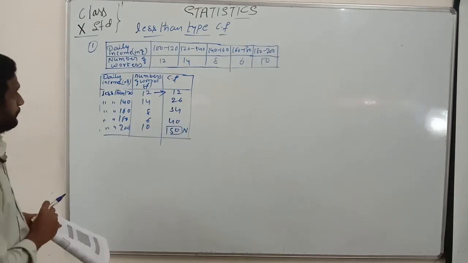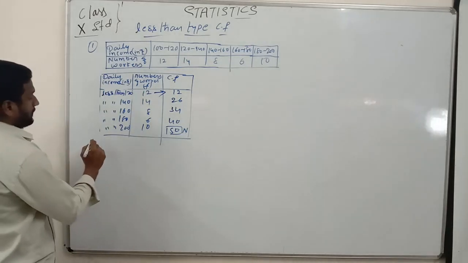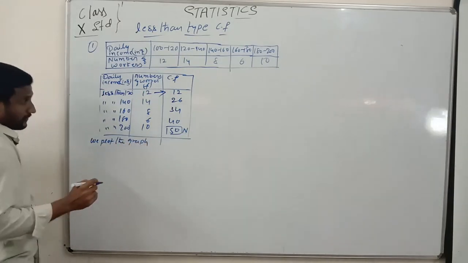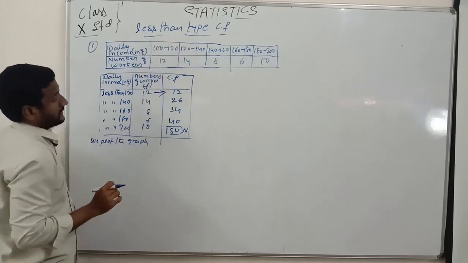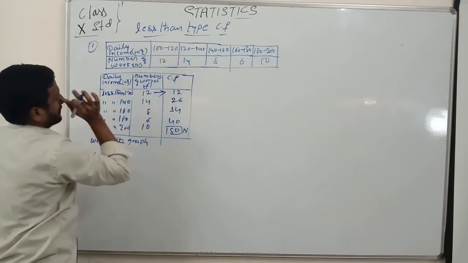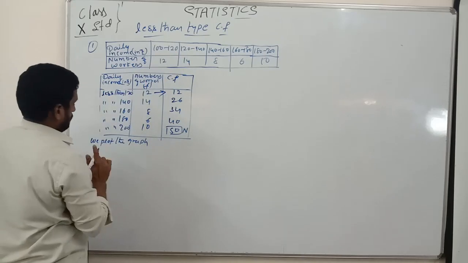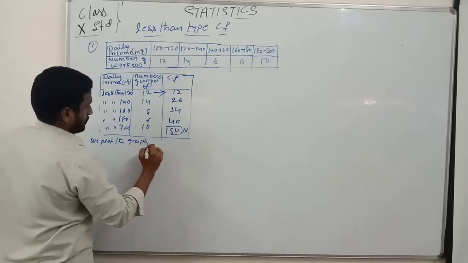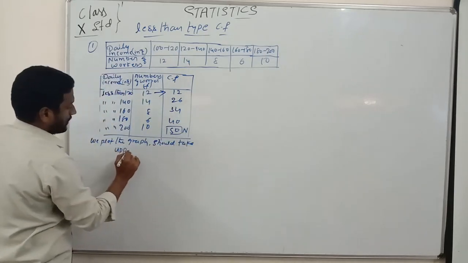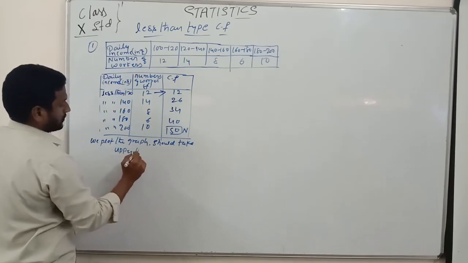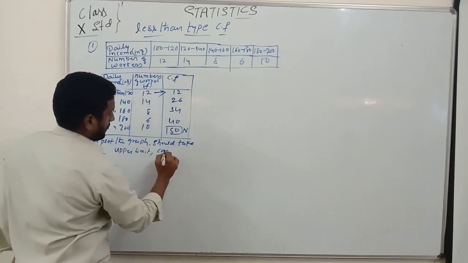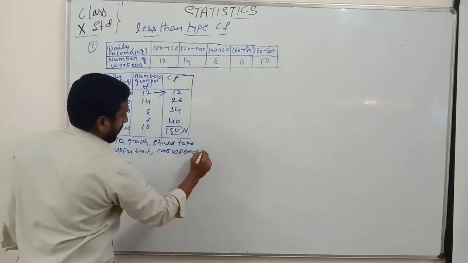Now we plot the graph. Always when you plot the graph for less than type, you should take the upper limit versus the corresponding CF.